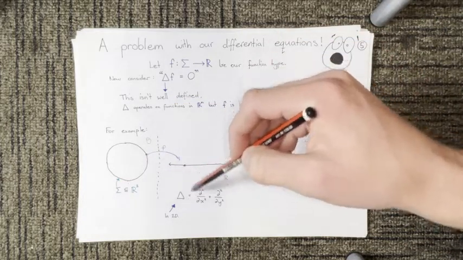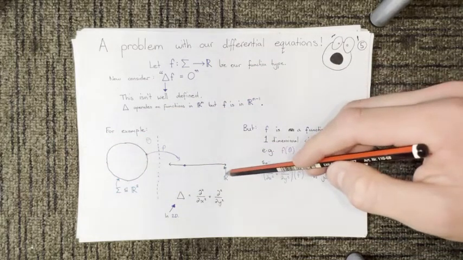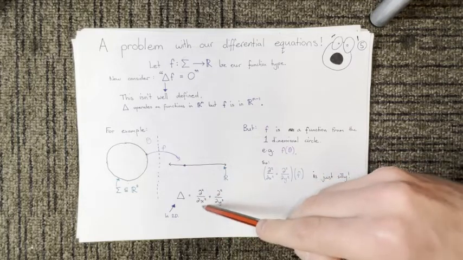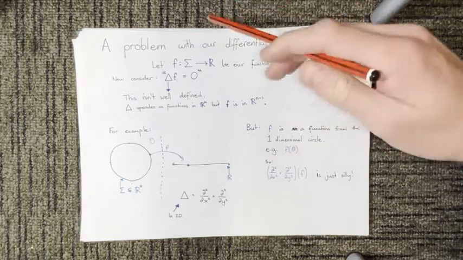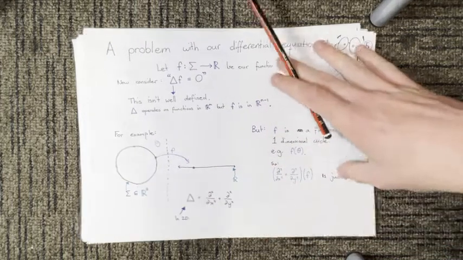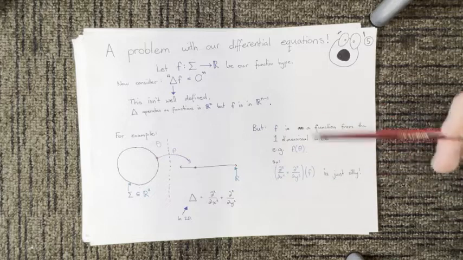And the problem is that in 2 dimensions, which is where this circle is sitting, our Laplace operator looks like this. You take the second derivative with respect to the x-coordinate and the second derivative with respect to the y-coordinate. So we've got this 1-dimensional function and this operator which works on 2 dimensions. We're going to have some trouble because this just doesn't make sense at all.